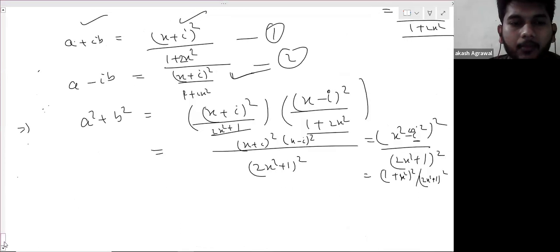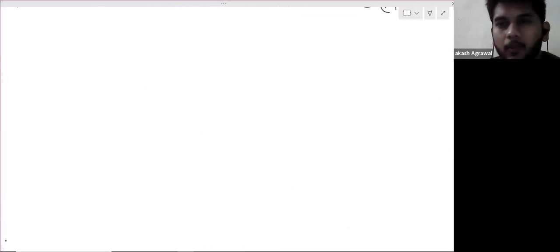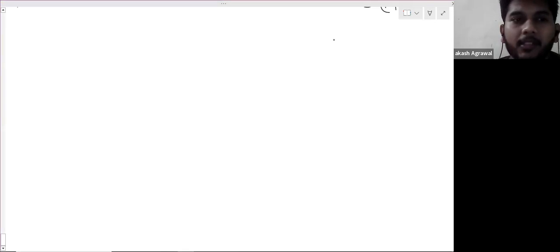So not in all the questions you have to solve like this. For that, there is another thing in complex numbers which is called modulus. Please write it down. Modulus of a complex number.